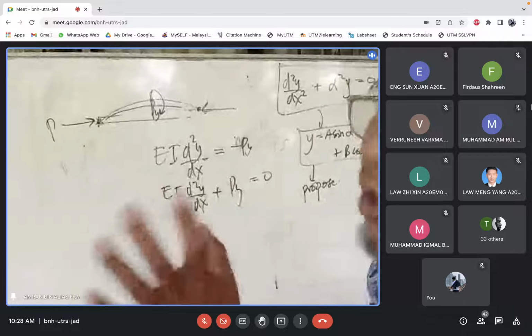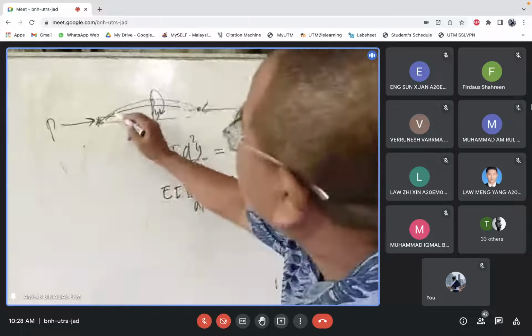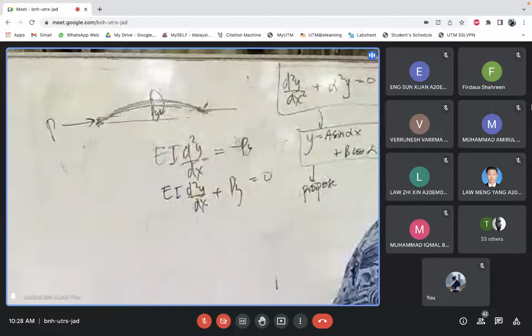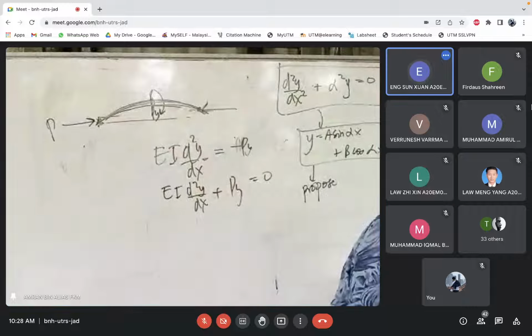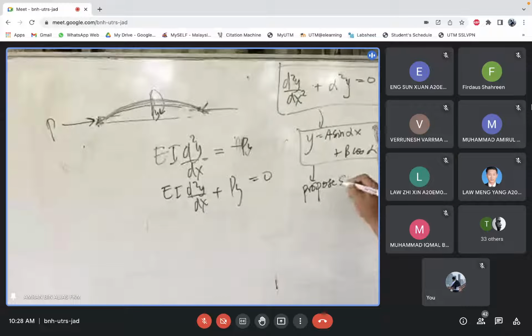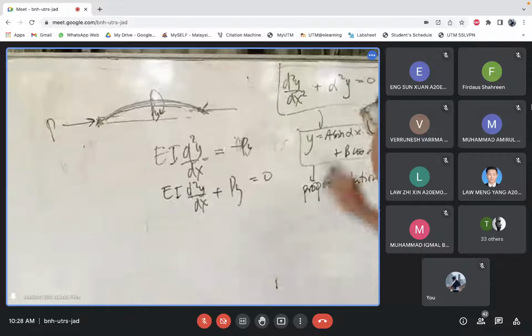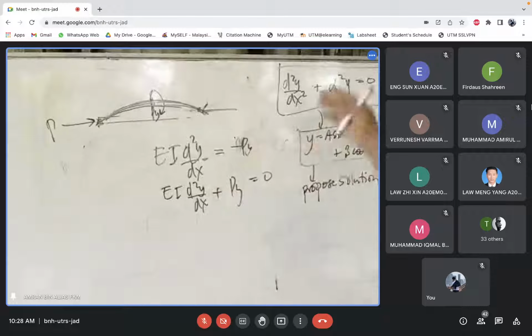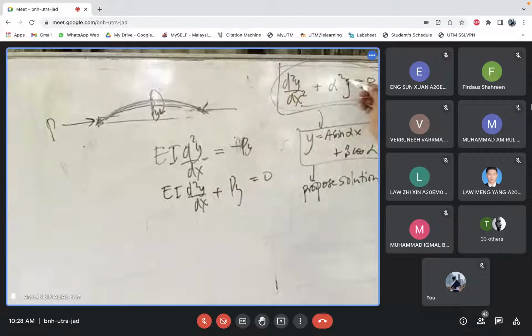Not necessarily correct yet, because this is a curve, a sine cosine curve. Are you with me? Yes. So this is the proposed solution, not necessarily true yet. This is mathematics. So how do we bring this into mathematics? The mathematical formula is something like that: something times y, that constant, we call it alpha squared.